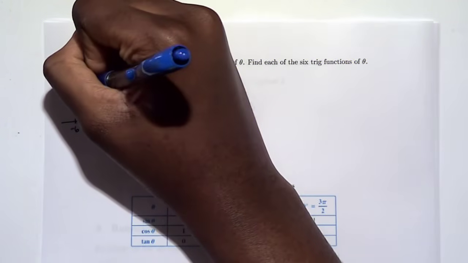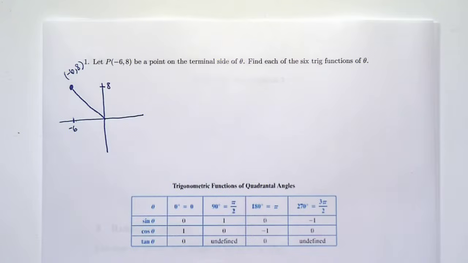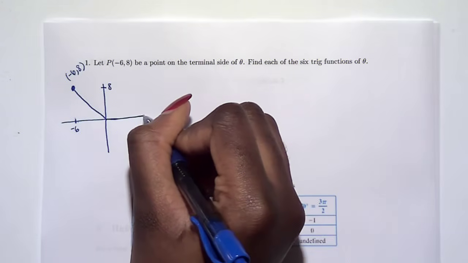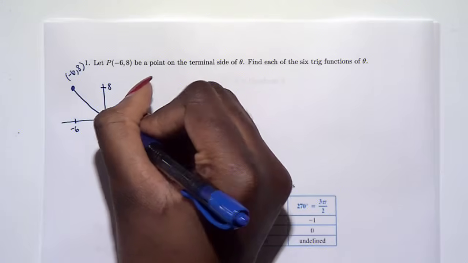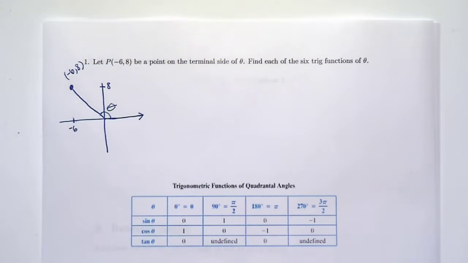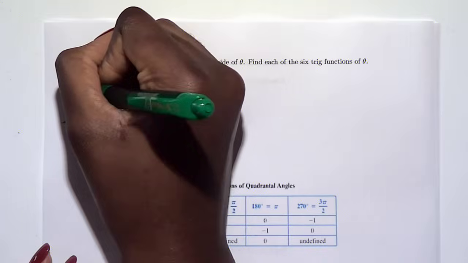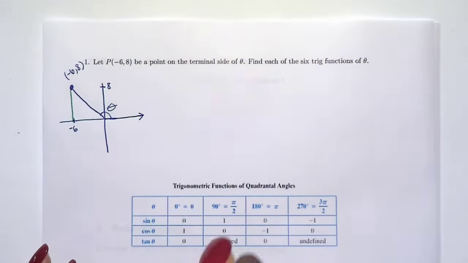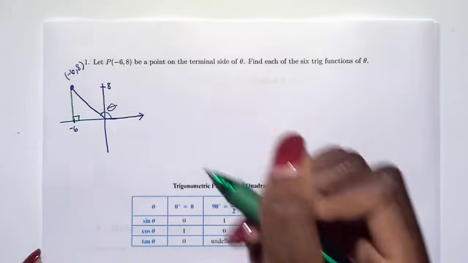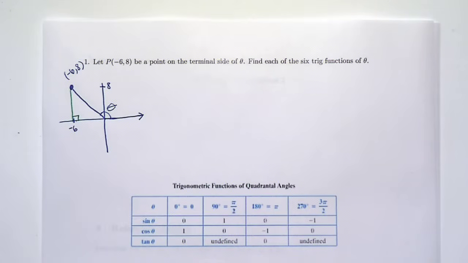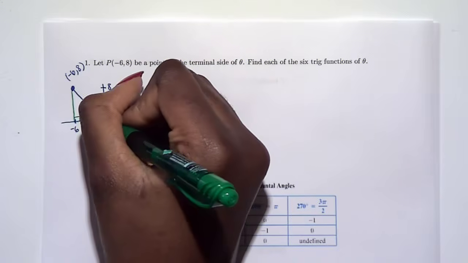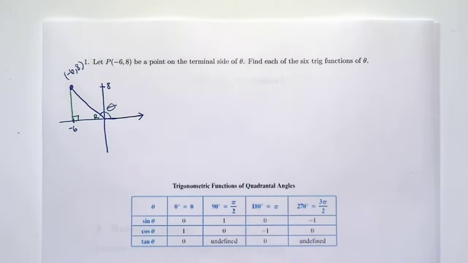So let's draw a line here. This is our angle, theta. In order to determine our trig functions of this angle, we actually just need to make this triangle. We're actually going to look at this angle, which is known as a reference angle, which we'll talk about more later.